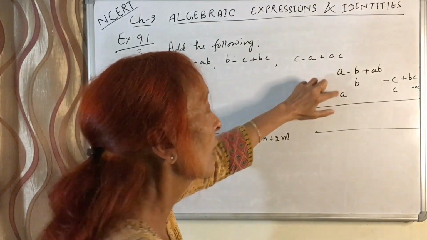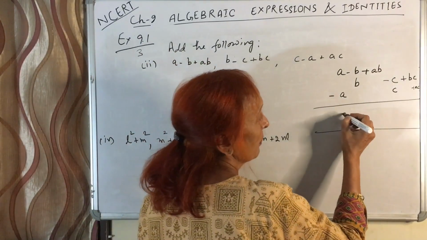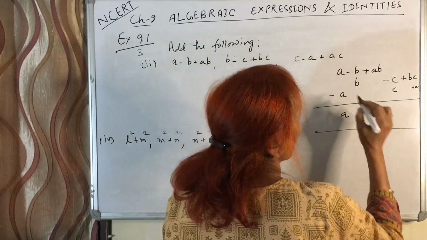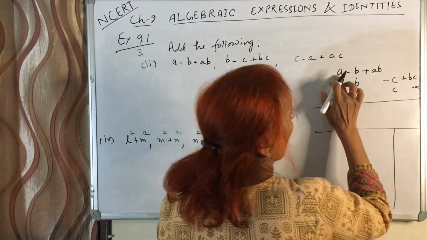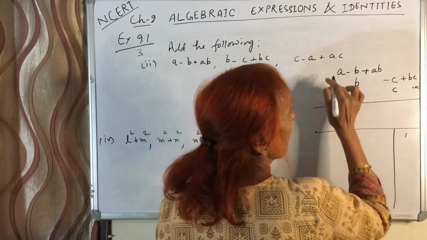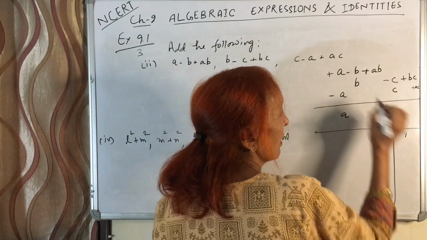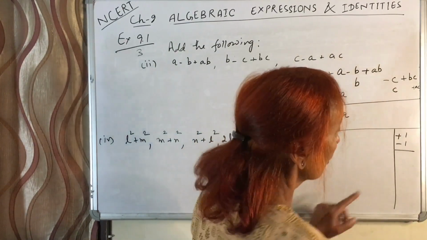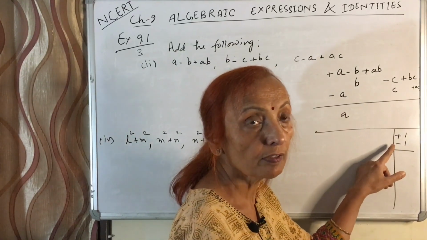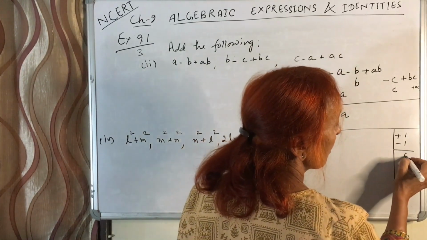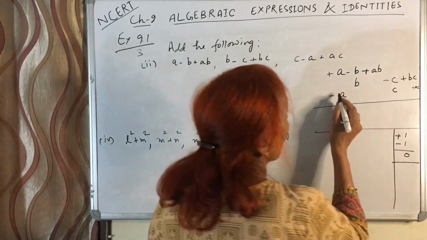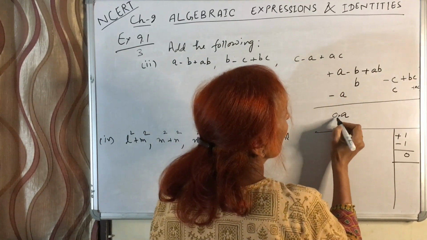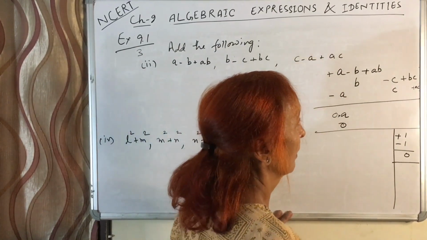Now a we will write simple a, and here coefficient is 1. Here no sign means plus 1, and here it is minus 1. So when different sign, what we will do? Minus 1 minus 1, 0. So a minus a is 0 into a means 0 only.